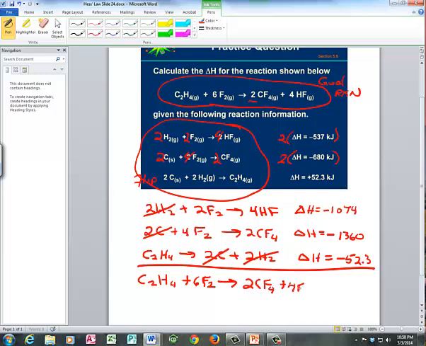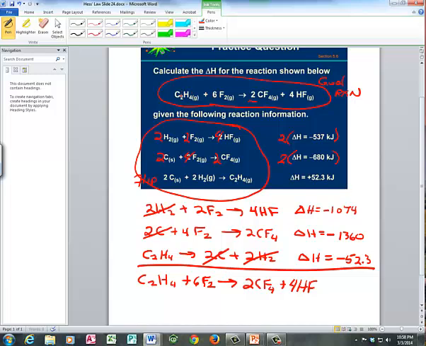What I want to do now is compare this reaction to my target reaction.